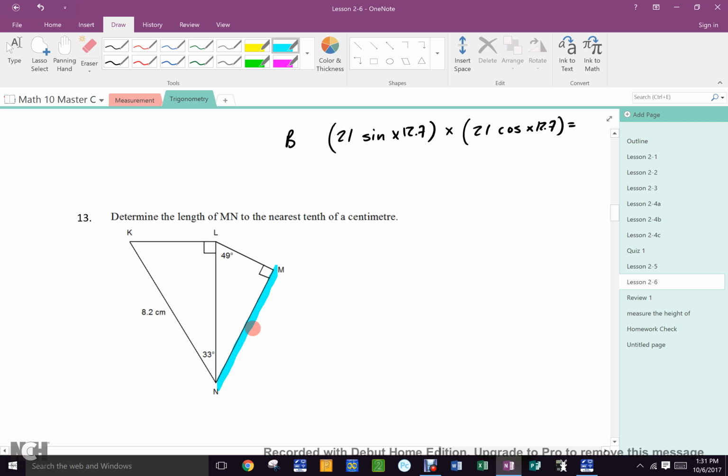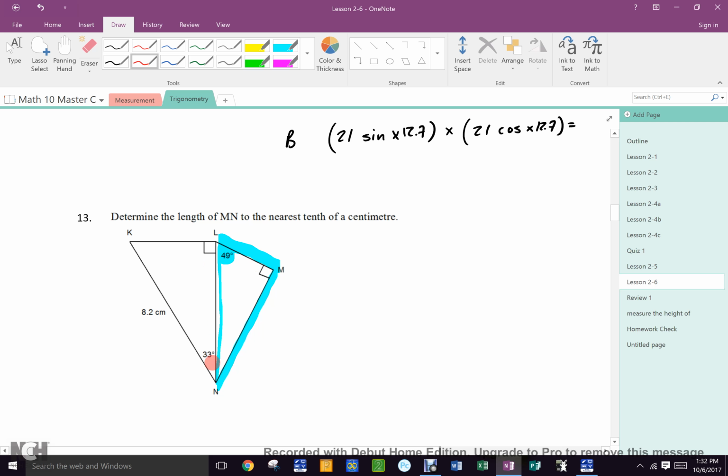Now, if I need to find that side, I need how many pieces of information in its triangle? 2. How many pieces of information do I have? 1. I only have a theta, right? So I need to either find this side or this side. Can I find anything up here? Why? Because there's nothing going on up there, is there?